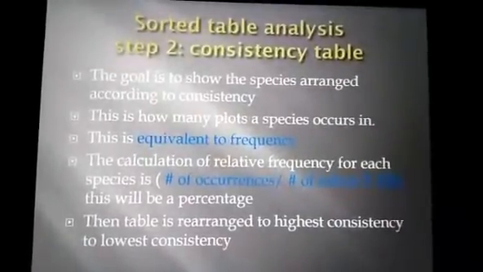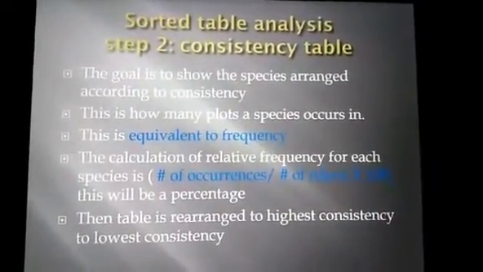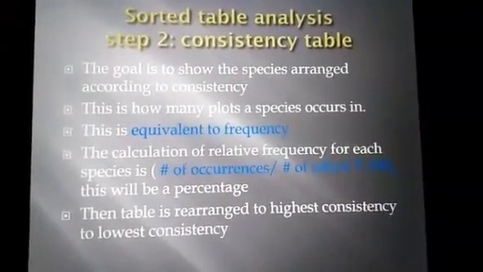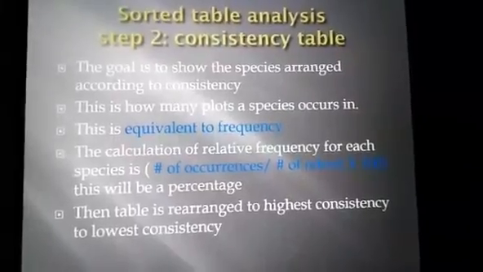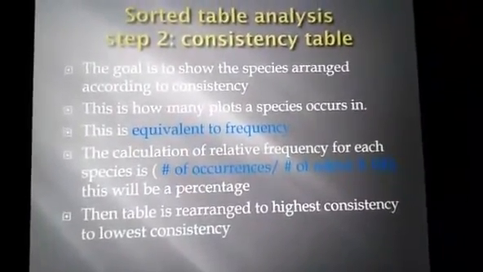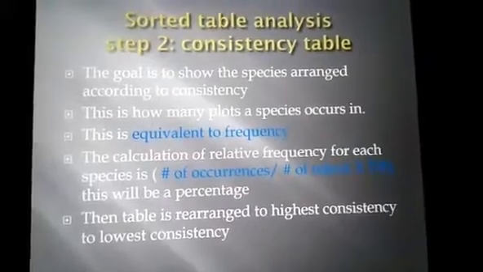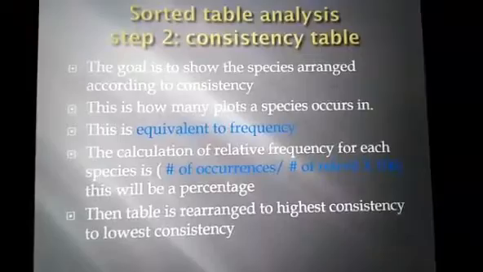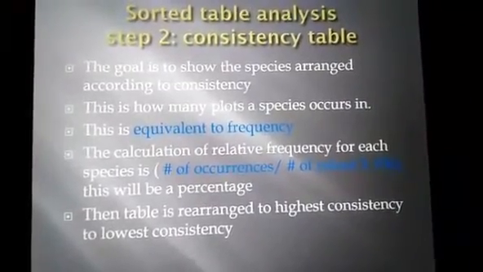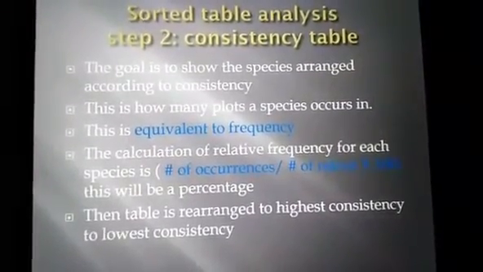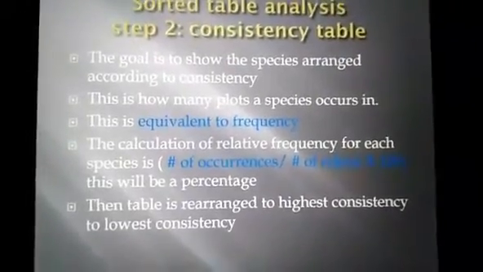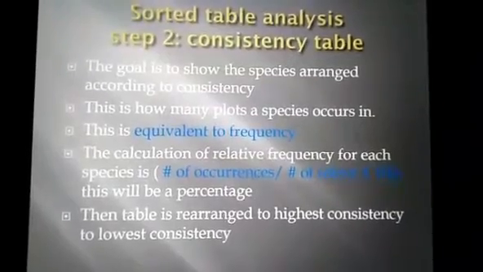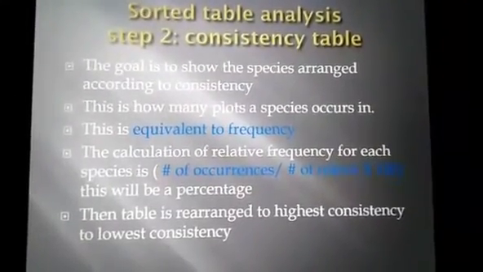The second step is the consistency table. Here we're trying to arrange the species according to consistency of occurrence. If two species seem to be occurring in different places together constantly, which means showing some consistency, this is how many plots a species occurs in.